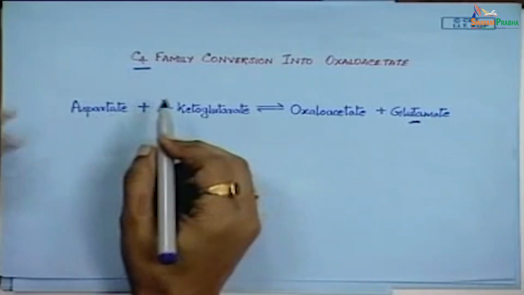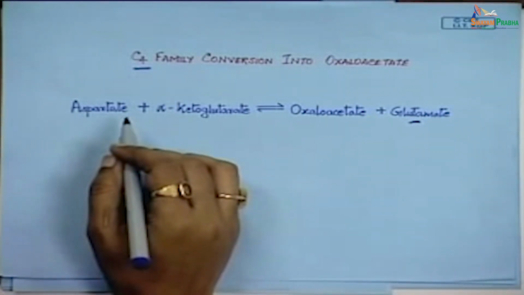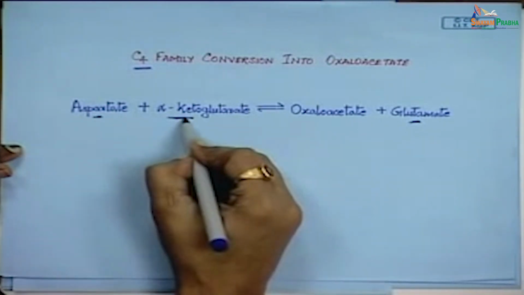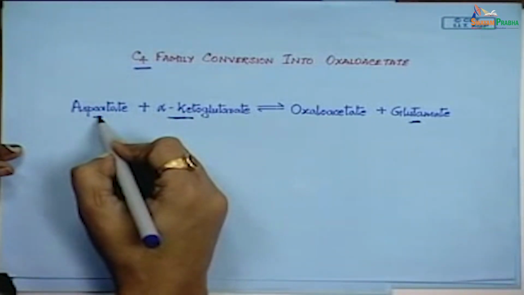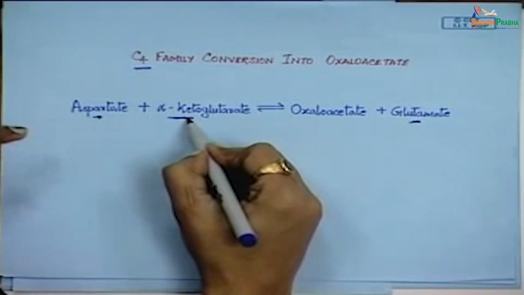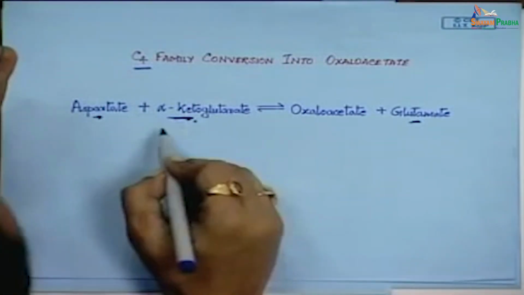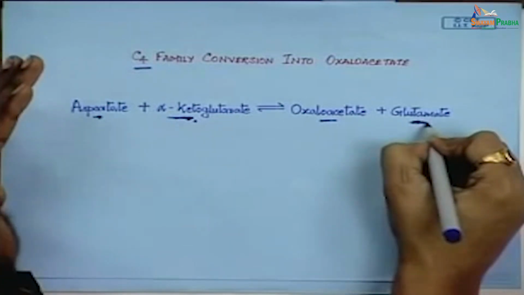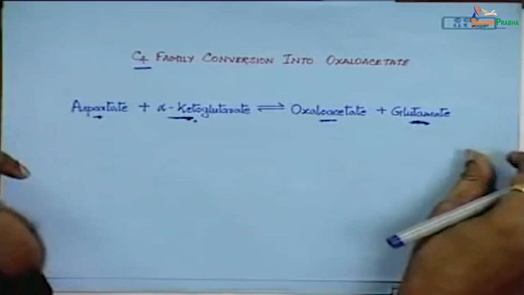If we see inside the cell, aspartate is an amino acid and alpha ketoglutarate is one of the intermediate products of the TCA cycle. When they undergo some reaction, they produce oxaloacetate and glutamate, which plays a significant role in supplying the N-acetyl glutamate formation.